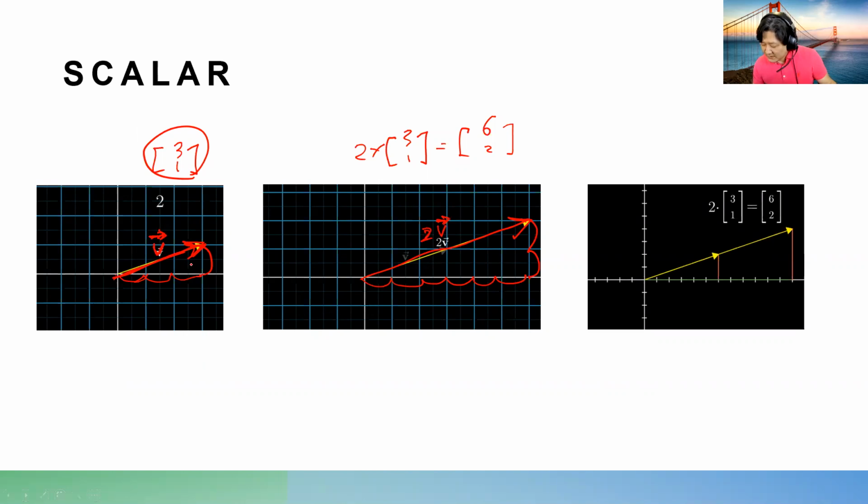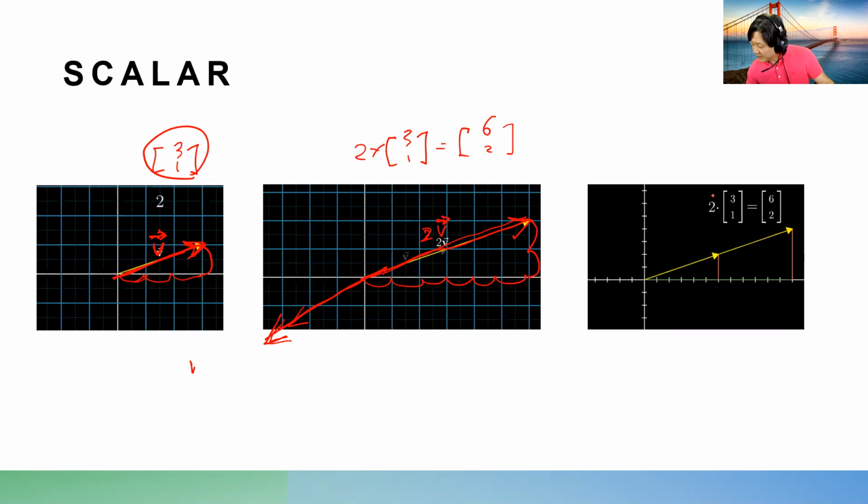So a scalar doesn't change, I mean, it still remains direction, right? Or, no, I'm sorry. But it can change the direction. If I multiply by a negative number, it will go this way. Or also it increases the magnitude of your vector, right?